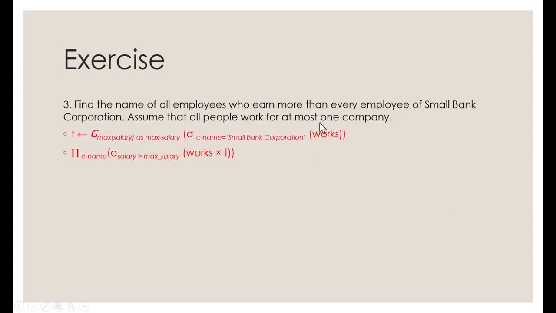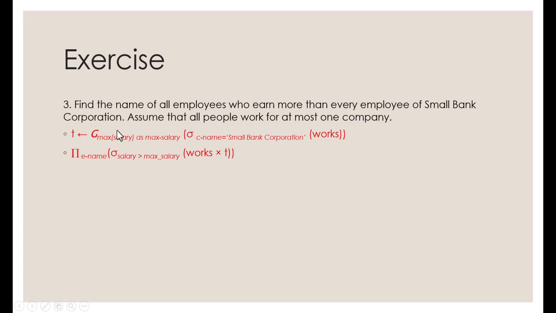Okay, so here we are using works, and then we want to look at the company name being Small Bank Corporation, but we're looking at every employee that works at Small Bank Corporation. And we are using an aggregate function, and we're looking at who earns the most, right? Or more than. So this will return the maximum salary, whoever makes the most, who works at Small Bank Corporation.